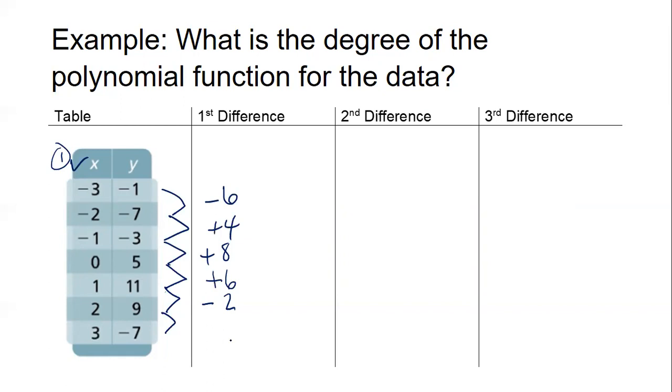Nobody? What's -7 minus 9? There we go. All right.